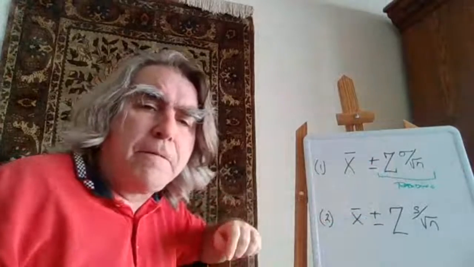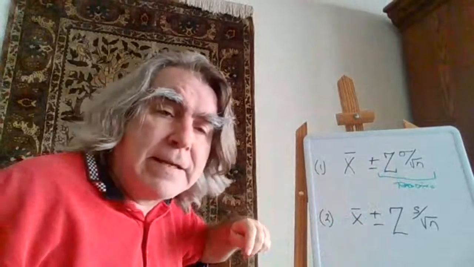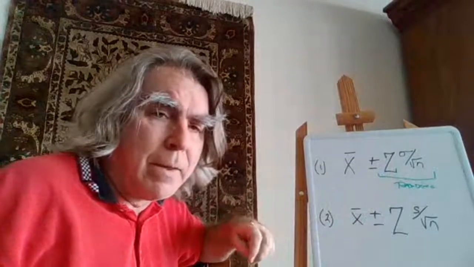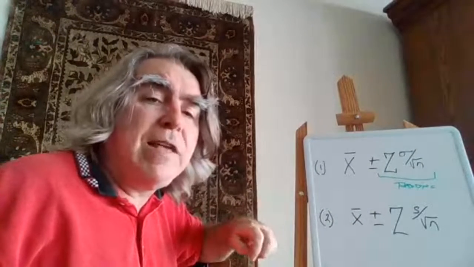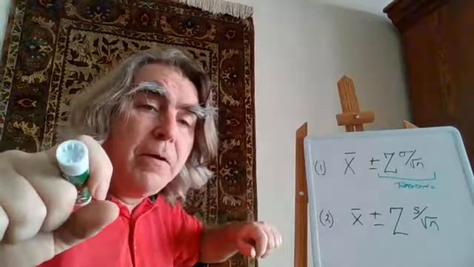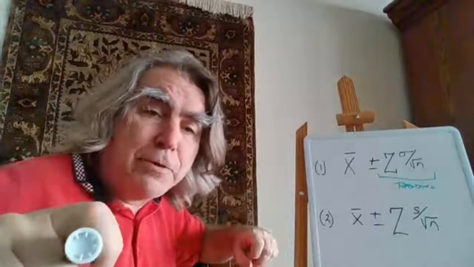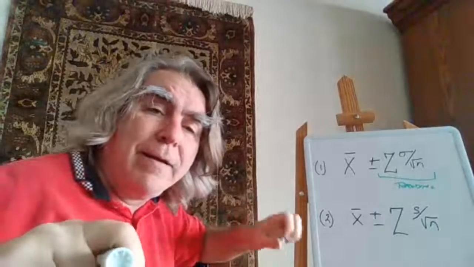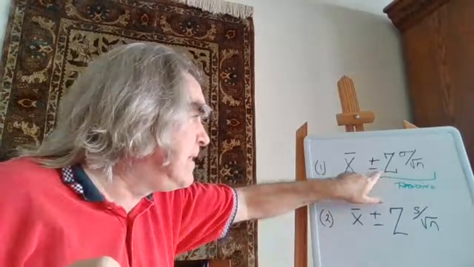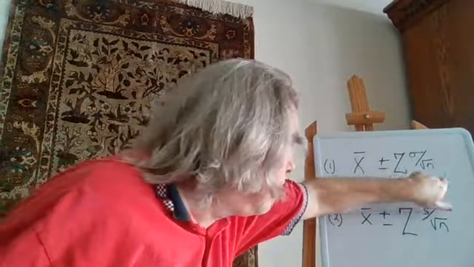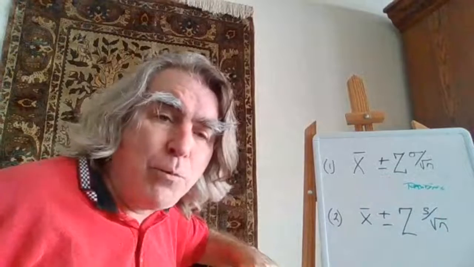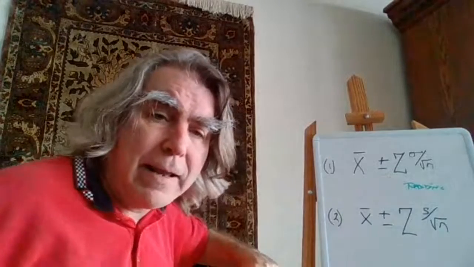Z came from the Z table, the normal table in the back of your book. It is the normal table of z values where x% is between the minus z and the positive z. So this z will correspond to the confidence level you want to make your statement at.